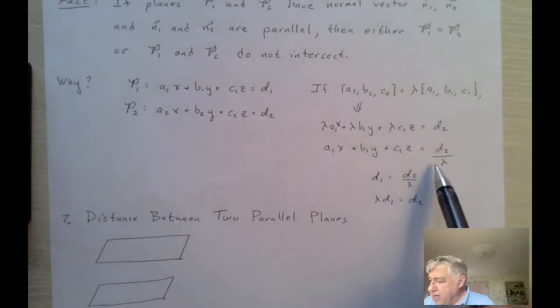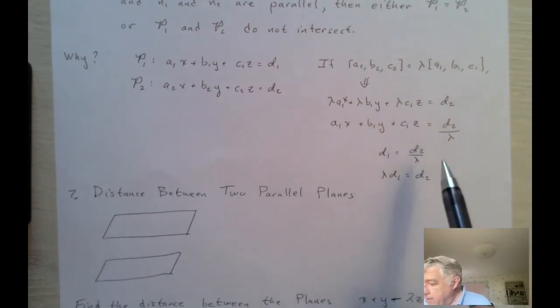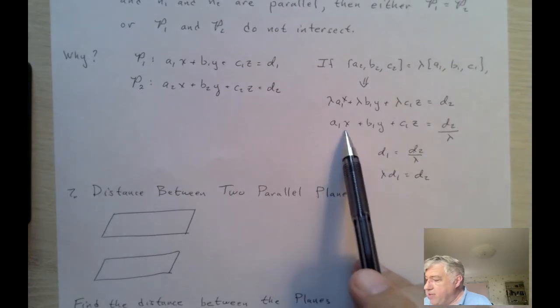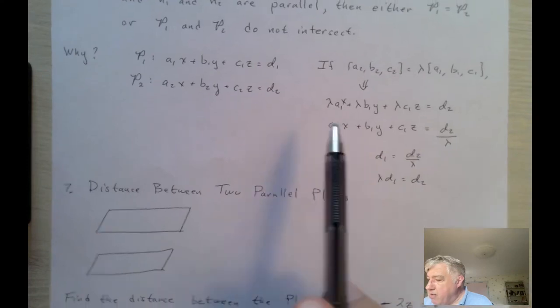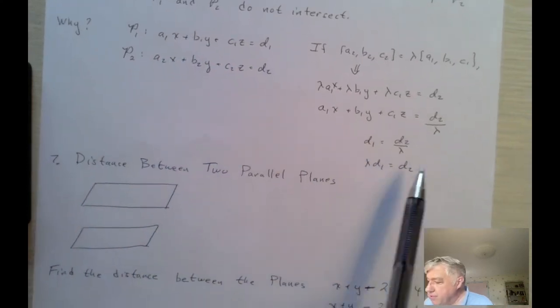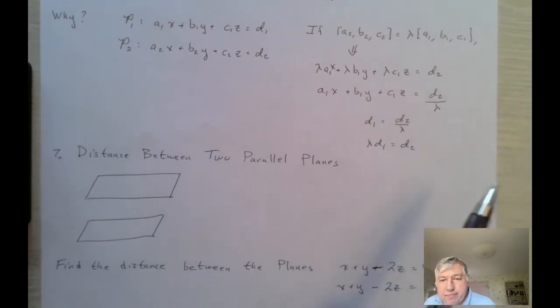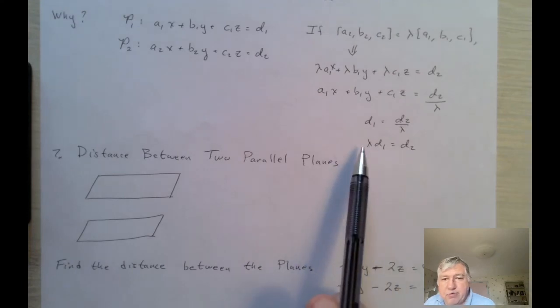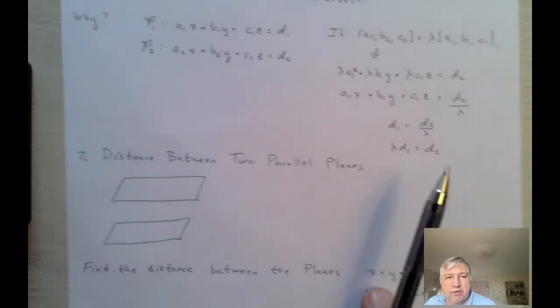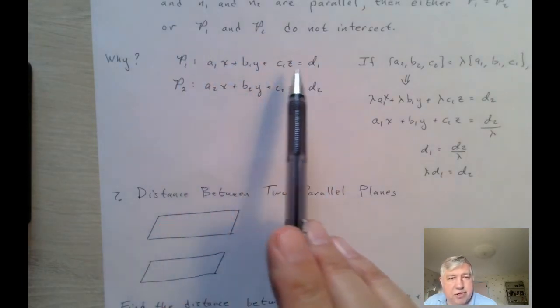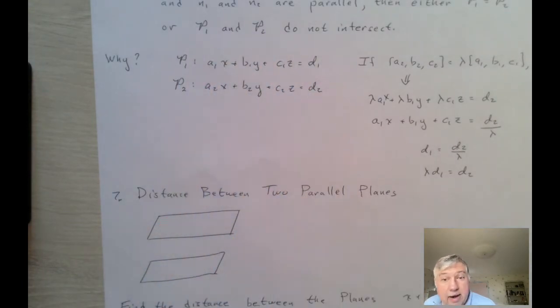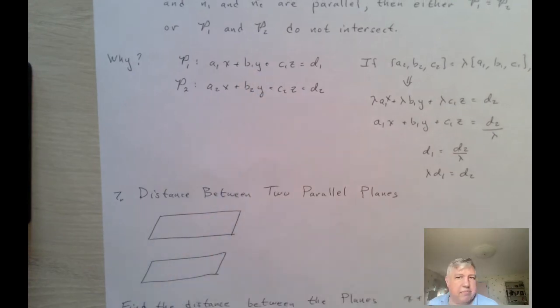So we can divide both sides by lambda, and then we get a1x plus b1y plus c1z is equal to this. Well, we already know that this is d1, so d1 has to be equal to this. So that means that d2 is a multiple of d1, in which case this equation is really just this equation multiplied by a non-zero constant. And when you multiply by a non-zero constant, you don't really change anything. So these determine the same planes.